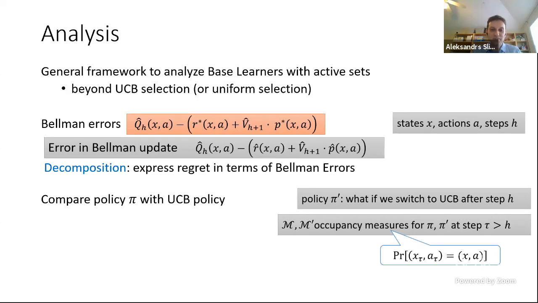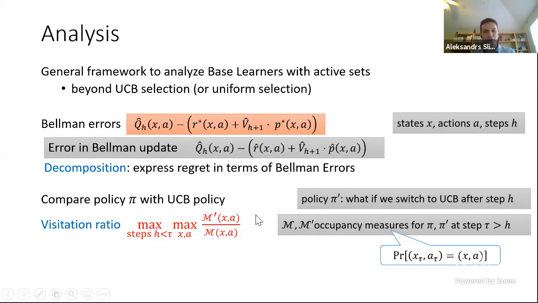Now let's look at the occupancy measures of these two policies after some future step tau, and compare them. Let's look at the maximal ratio of these two occupancy measures, where the max is taken over this H, over this tau, over states and over actions. So how much can policy pi star possibly be different from the original policy pi?